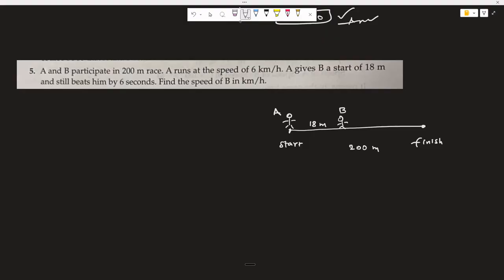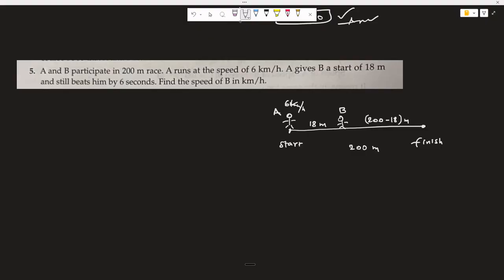A's speed is 6 kilometers per hour, and we are asked the speed of B. How much does Mr. B have to cover here? 200 minus 18 meters.